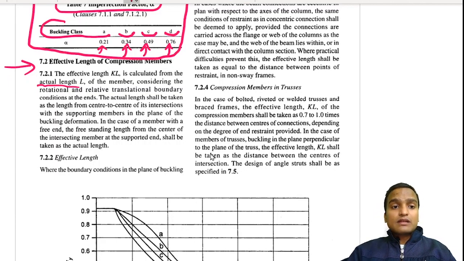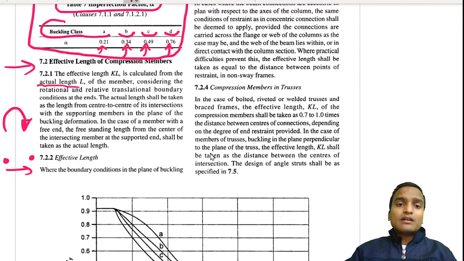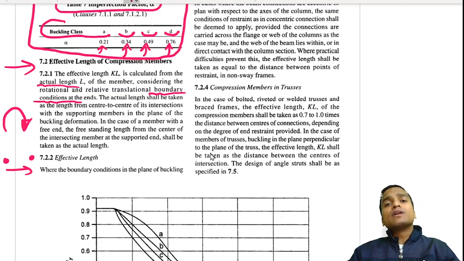So in rotational degree of freedom, there is rotation at the same point, and in translational degree of freedom, there is translation from one point to another point, okay. So depending on different boundary conditions, depends on the types of supports that we have provided at the end of the member. So depending on different support condition at the end, this effective length depends, okay.